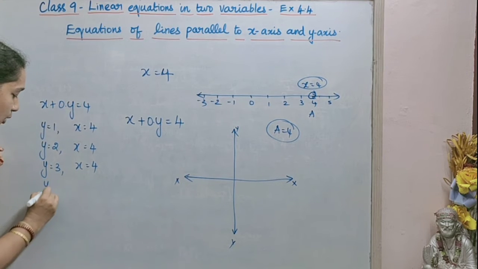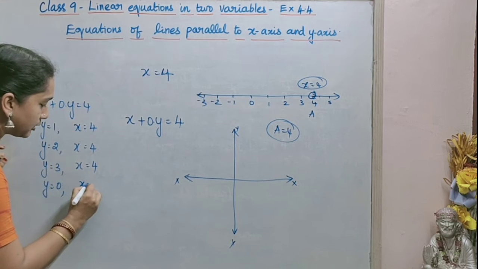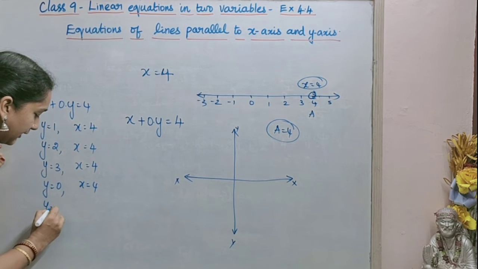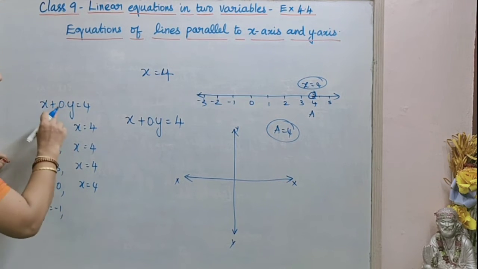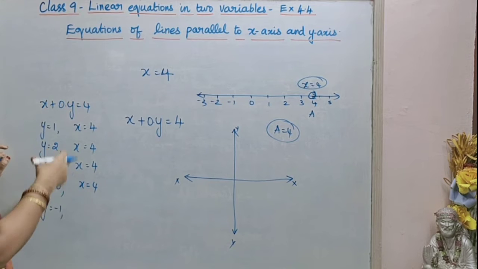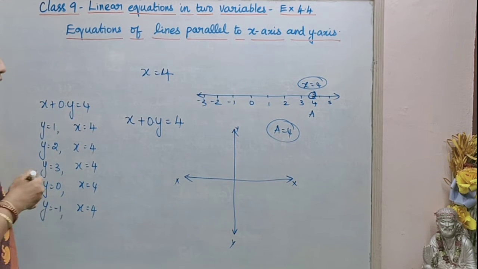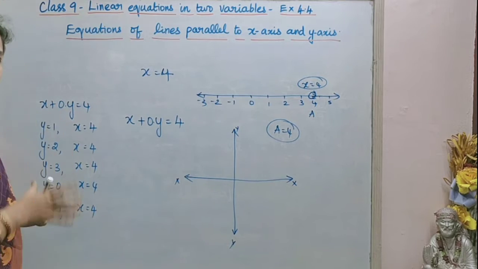If we are taking y is equal to 0 also, when we are substituting 0 here, x is equal to 4. When we are taking a negative value for y, x plus 0 into minus 1, any number multiplied by 0 will be 0 only. So, we will get x value as 4. So, here x is equal to 4.